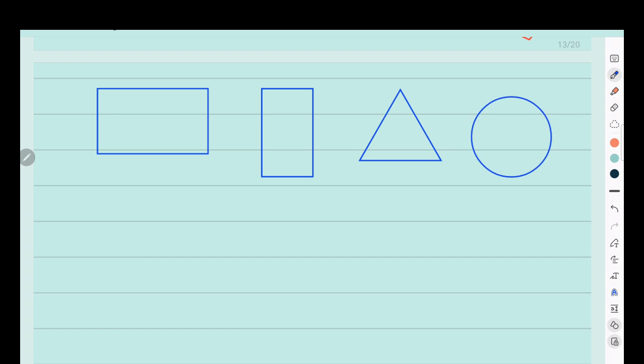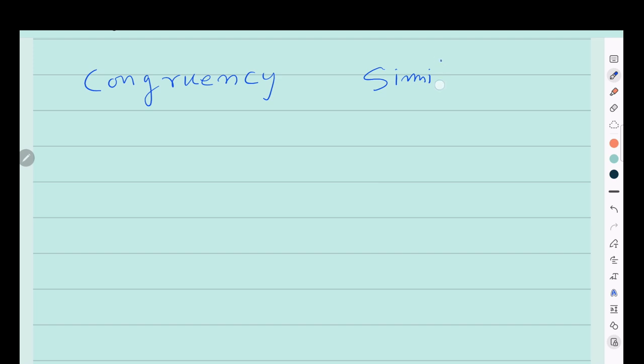So when we look at certain shapes, there are two basic concepts. I will just write their names: congruency, or maybe congruence, and then another one is similarity.